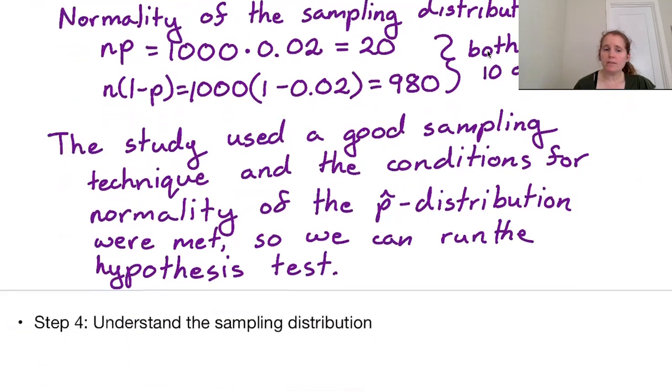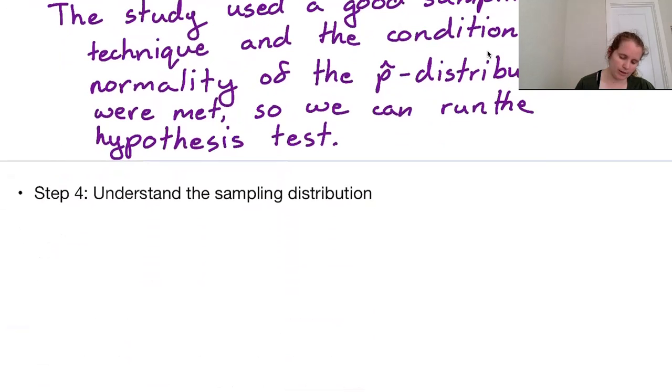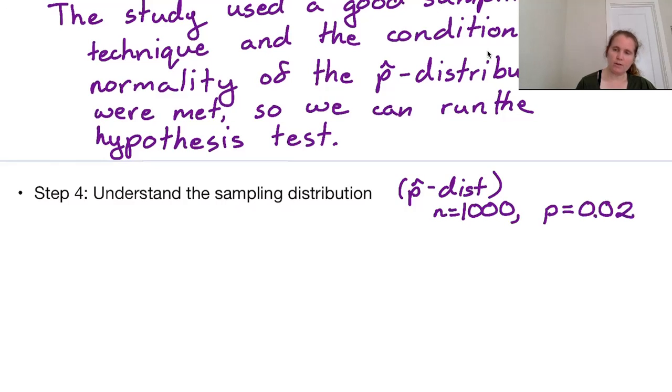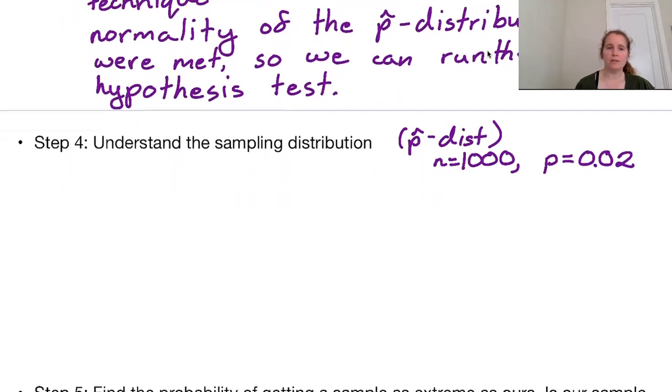From here, we have to understand our sampling distribution. Again, we are looking at the p-hat distribution. We have n is 1,000. We are assuming p is 0.02 until we can argue otherwise.